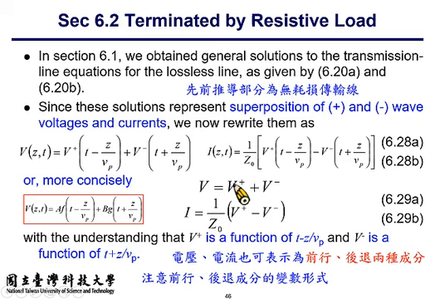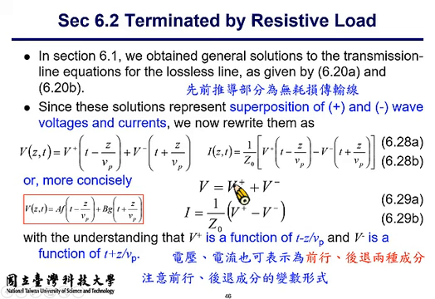So V refers to the total voltage on the transmission line for a specified time instant t and a specified location z. And because the transmission line, as we already discussed, is a one-dimensional geometry, the wave can either go in the forward-going direction or the backward-going direction.